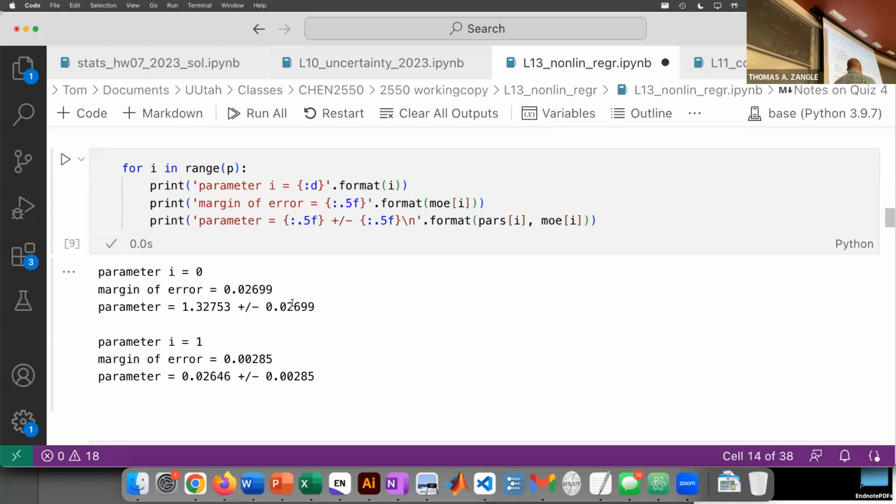PCOV is the covariance matrix. It tells something about how much error there is in your output based on changing those parameter values, or how your goodness of fit changes as you change your parameter values.